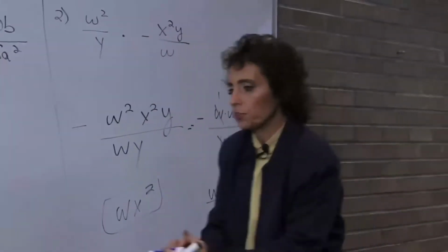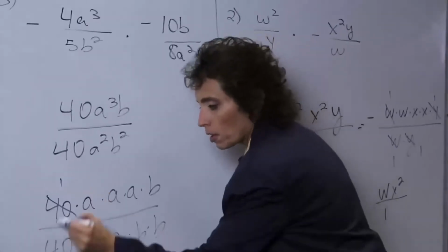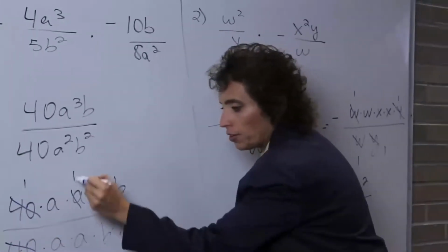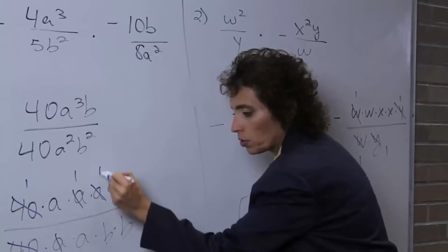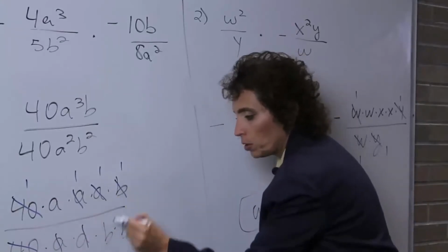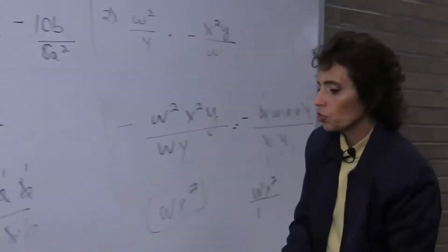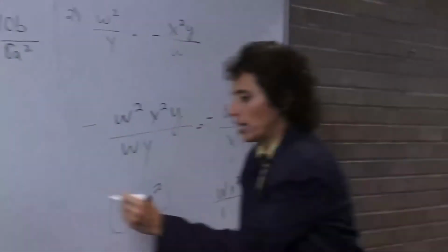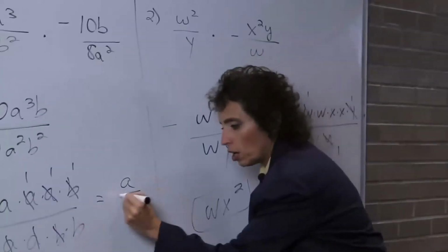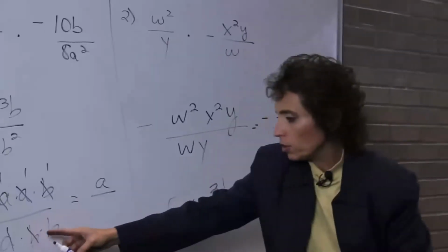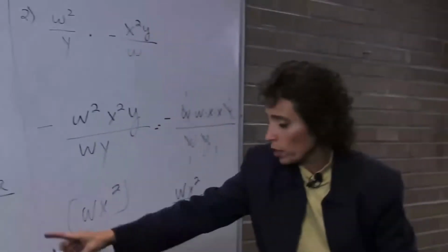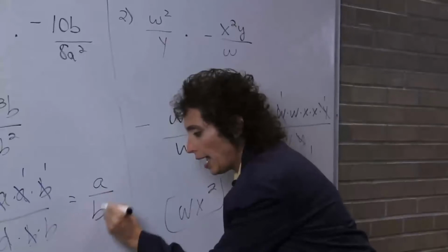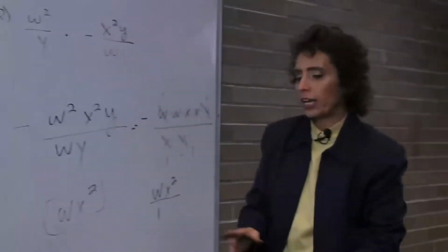We'll start with the numbers. Now the letters. A goes in A once, A goes in A once, B goes in B once, B goes in B once. So on the top, you have 1 times A, which is just A. On the bottom, you have 1 times 1 times 1 times 1, which is 1, times B, which is B. A over B. That big thing came out to A over B.